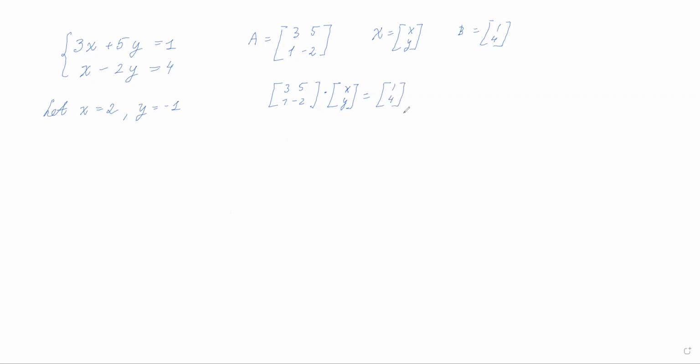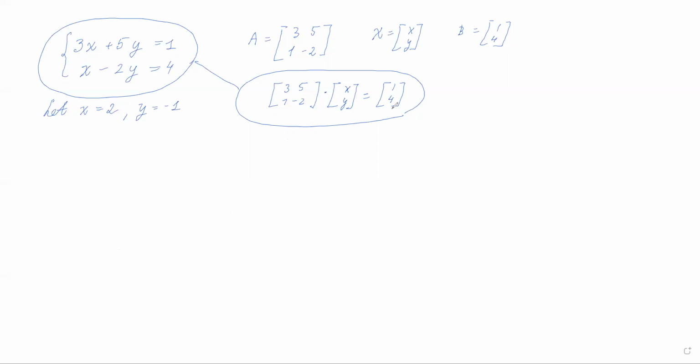Basically, guys, this way to write down the system is equivalent to the other. Why? Well, if you do standard matrix multiplication, 3 multiplied by x plus 5 multiplied by y is supposed to be equal to 1, which is actually the first equation. And then 1 multiplied by x minus 2 multiplied by y equals 4. That's exactly the same system, just in a different form.